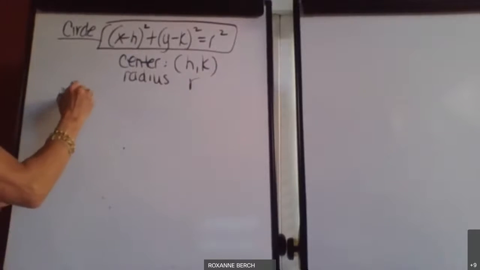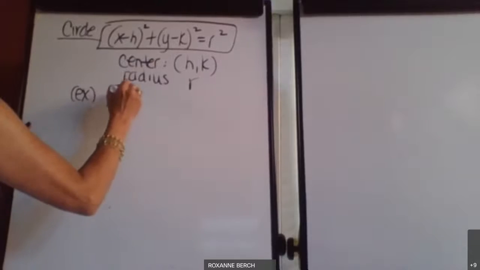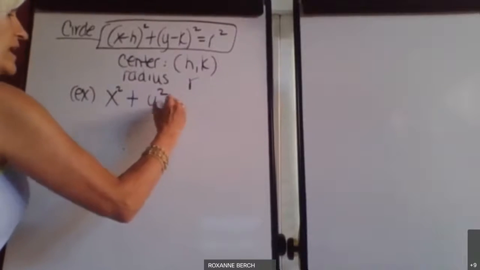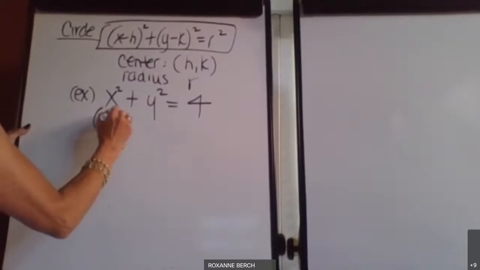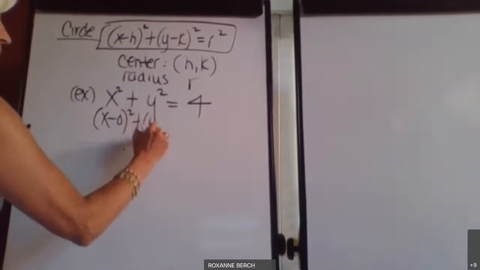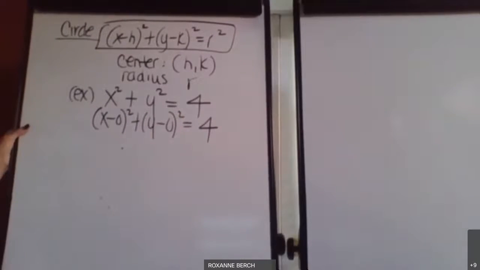So for example, if you have x squared plus y squared equals 4, this really means this. It means (x minus 0) quantity squared plus (y minus 0) squared equals 4.